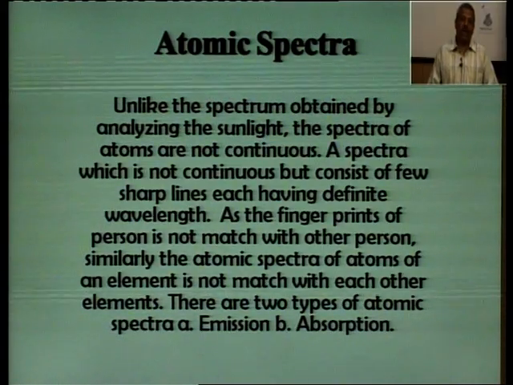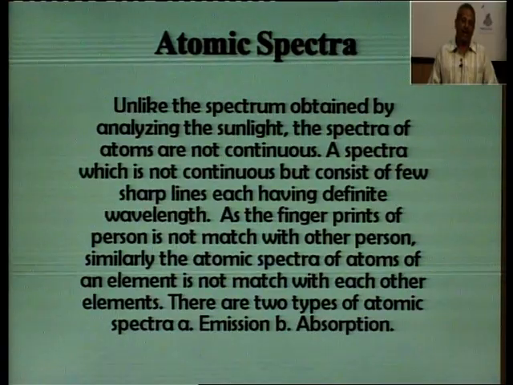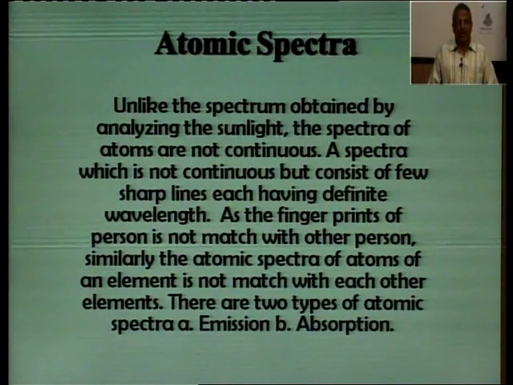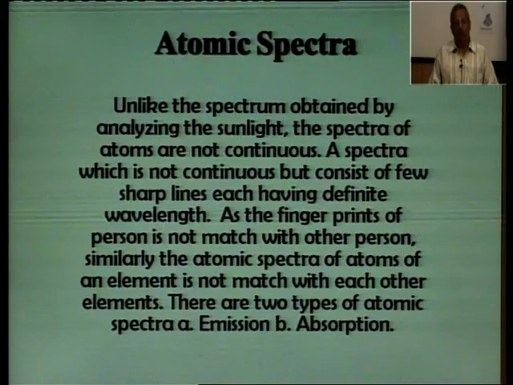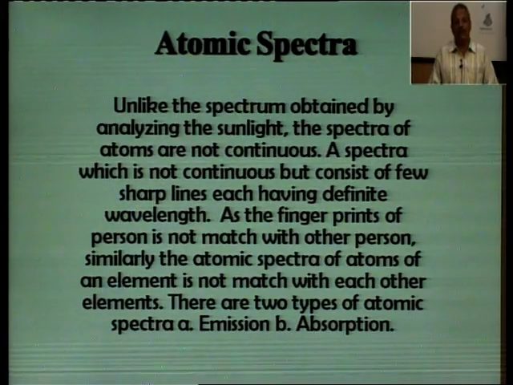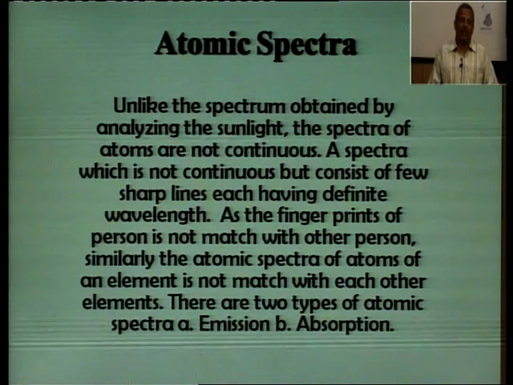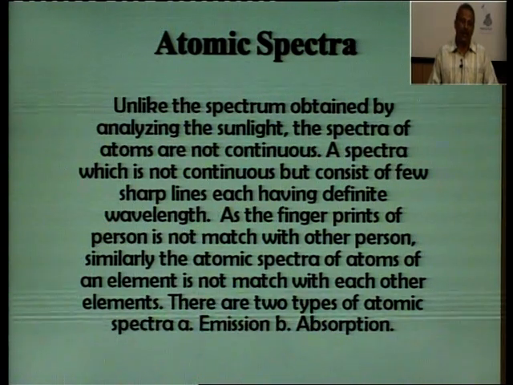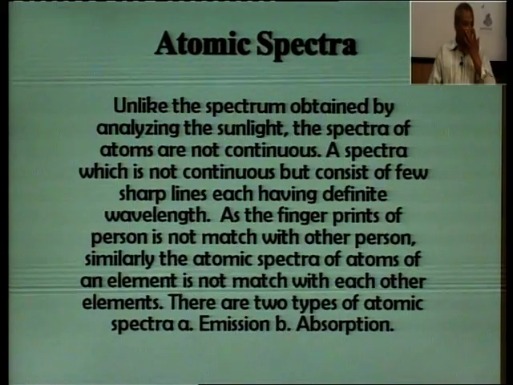As I have already told you, the hydrogen atom has one electron, and that electron is revolving around the nucleus in a fixed circular path.